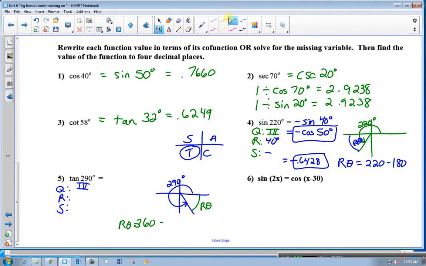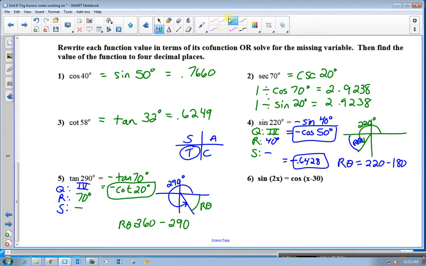We want to take 360 minus 290, right? 70. And what's the sign of tan in quadrant 4? So that's negative. So as a function of a positive acute angle, it's negative tan 70. What is the cofunction for that?